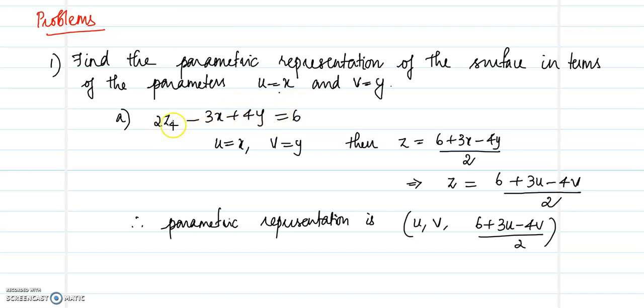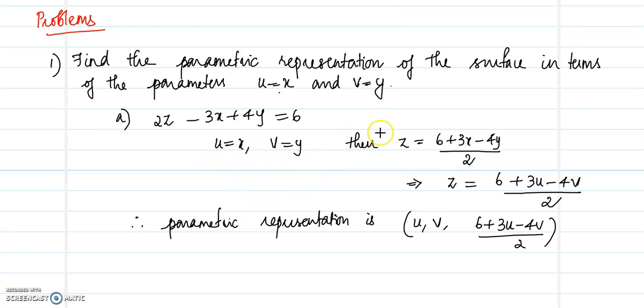So here you are given a surface 2z minus 3x plus 4y equal to 6. So we need to use the representation u equal to x and v equal to y. So we need to replace x by u and y by v. So this will give us z in terms of u and v. So we will get the parametric representation in terms of the variables u and v.